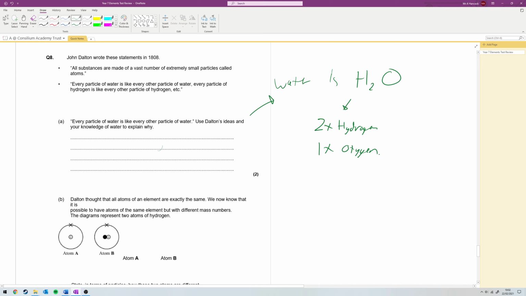Now all you had to say was, well, every water molecule will have the formula H2O. Or if you wanted to put it into more words, you would say every water has 2 hydrogens and 1 oxygen. You're just getting that statement and applying it to a molecule, and you're kind of stating the obvious, but you'd have to know that water was H2O.